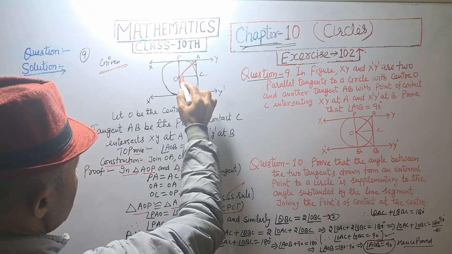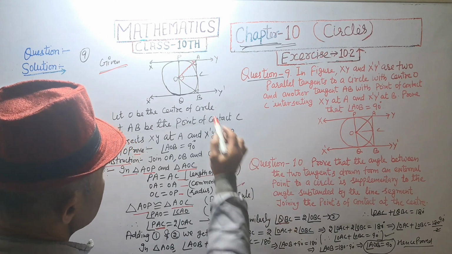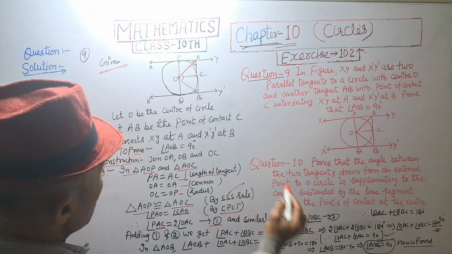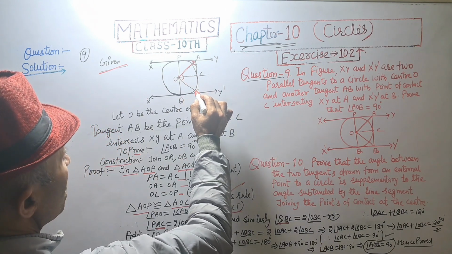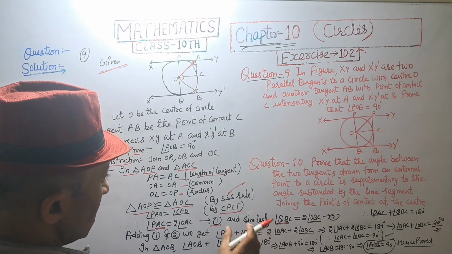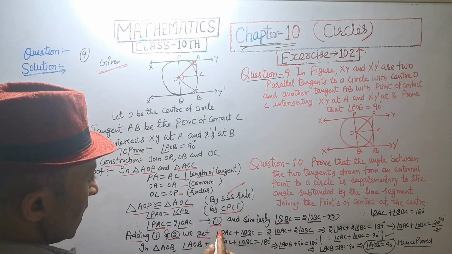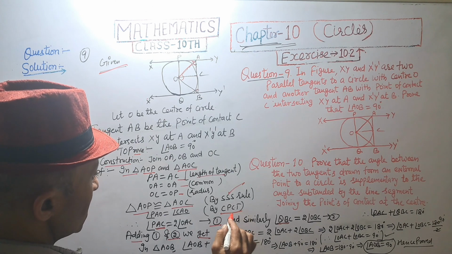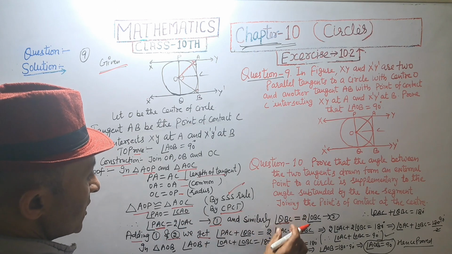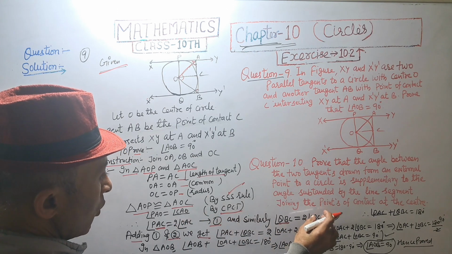This is equation first. Similarly in triangle QBC, angle QBC is equal to double of angle OBC. This is equation second. Adding equations first and second, we get angle PAC plus angle QBC is equal to double of angle OAC plus double of angle OBC.